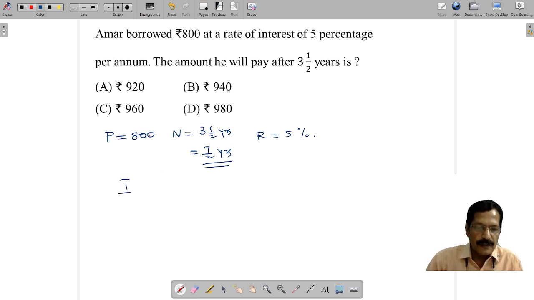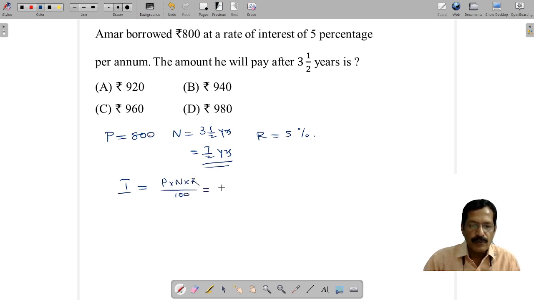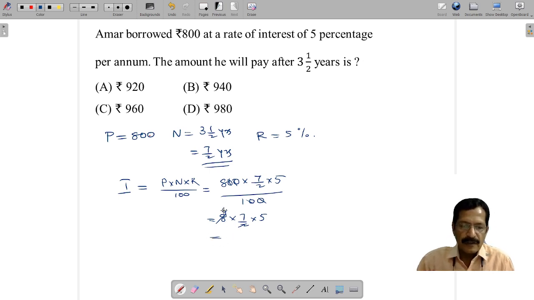Interest is equal to P into N into R by 100, which is 800 into 7 by 2 into 5 divided by 100. The zeros are cancelled, so it is 8 into 7 by 2 into 5. Now 2 gets cancelled 4 times, so it is 4 into 7 into 5. The answer is 140.